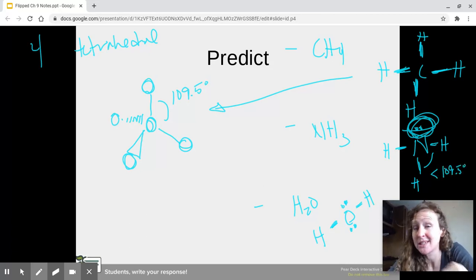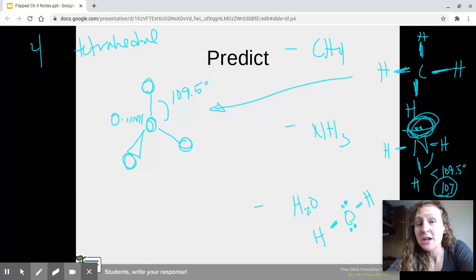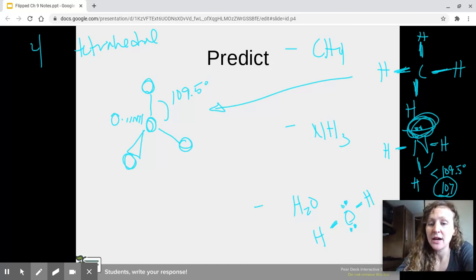Now, if that's all you can tell me, that's enough for the test. The test doesn't actually require you to know the exact value of that bond. If you want to know the exact value, it's actually 107 degrees. But as long as you can tell me that it's less than 109.5, you're in good hands.